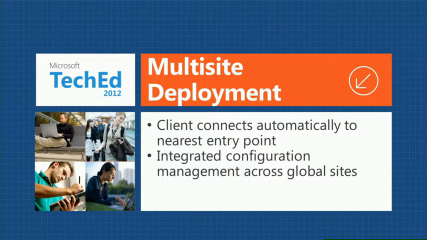In those cases, just based on policy, the client will automatically figure out which is the closest entry point and connect through that. So that's the client experience part of multi-site.